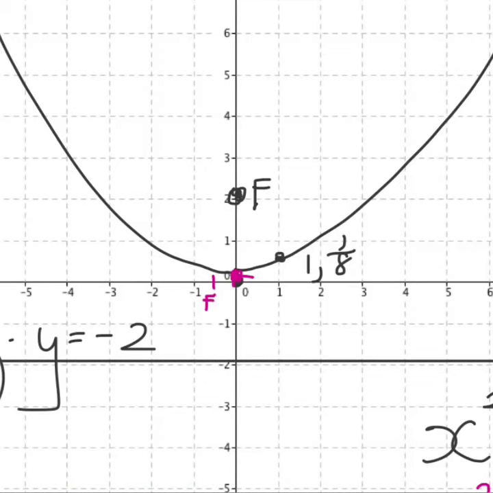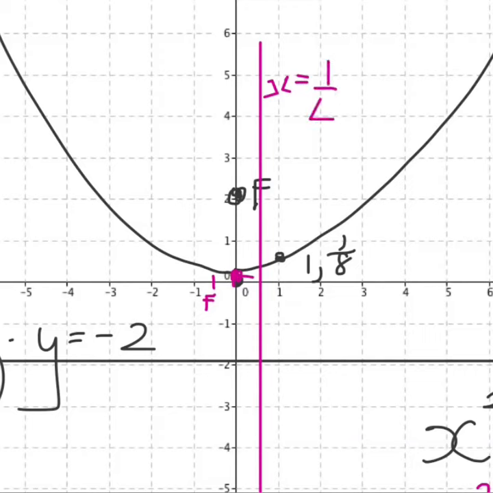And that means that my directrix runs down here where x equals 1/2. Oops, sorry about that. Try that again. x equals 1/2.